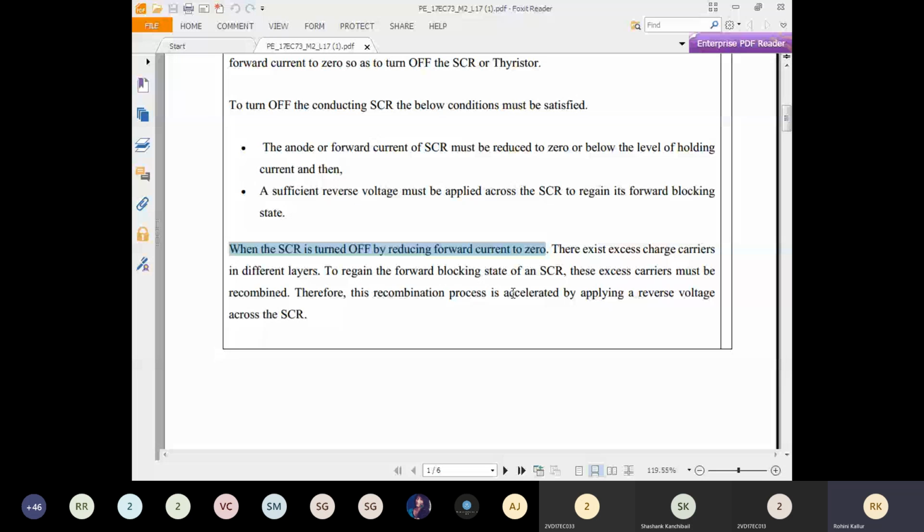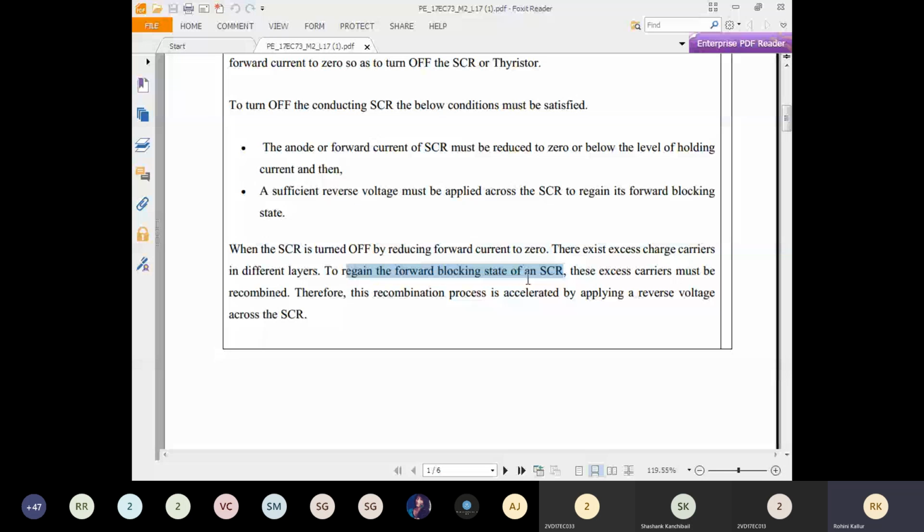Those excess charge carriers present in different layers indirectly help you regain the forward blocking state.